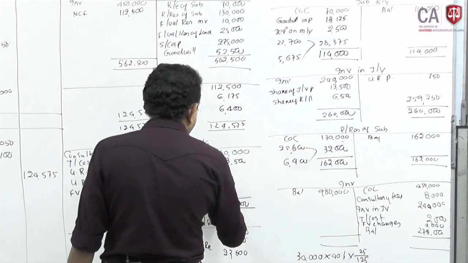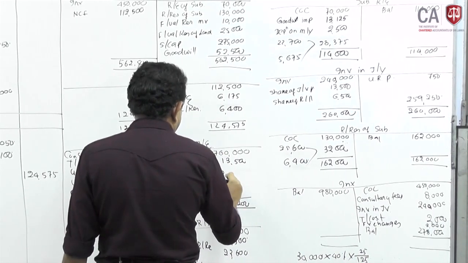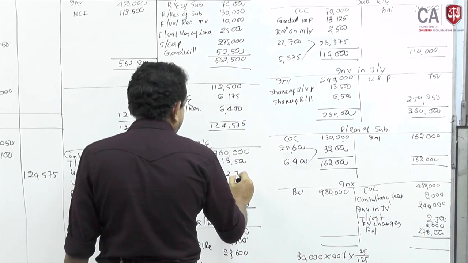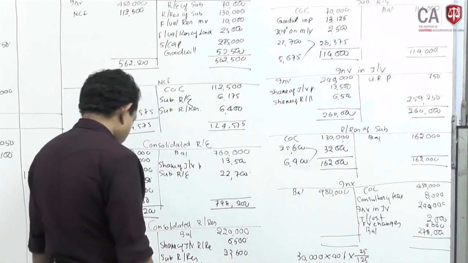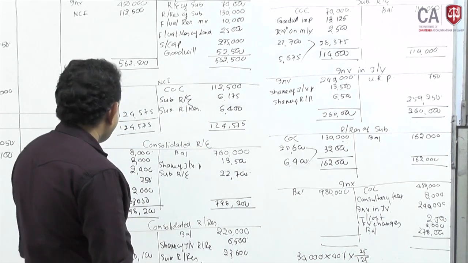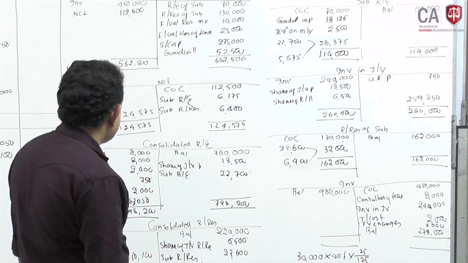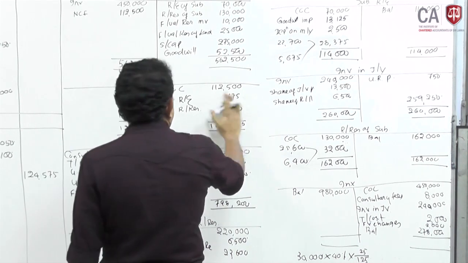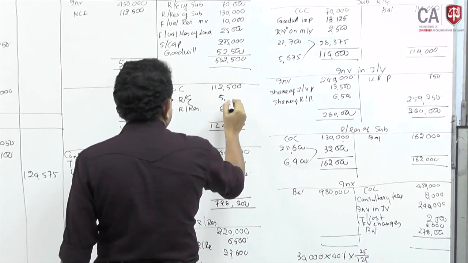Subsidiary company's retained earnings should be 22,700. Non-controlling interest should be credited by 5,675.